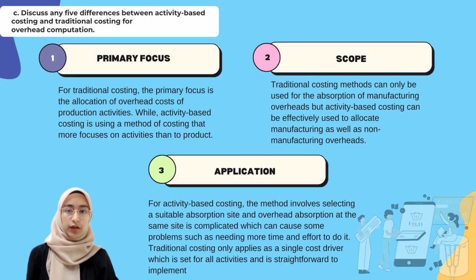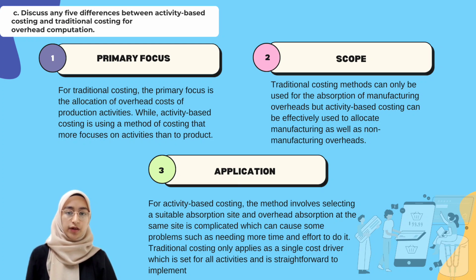The first difference between activity-based costing and traditional costing for overhead computation is the primary focus. For traditional costing, the primary focus is the allocation of overhead costs of production activities, while activity-based costing uses a method of costing that focuses more on the activities than the product.